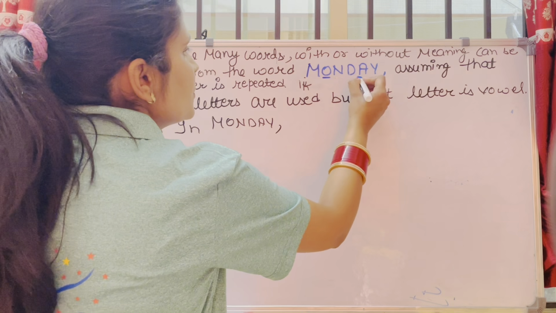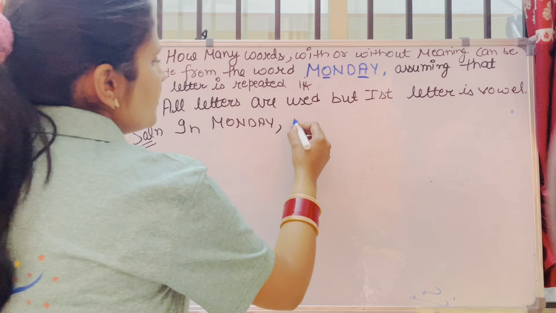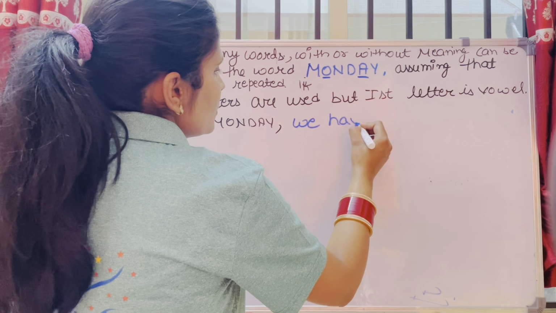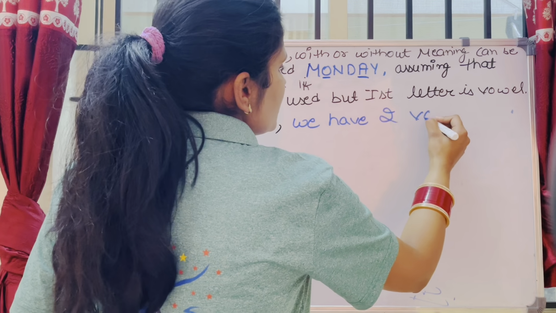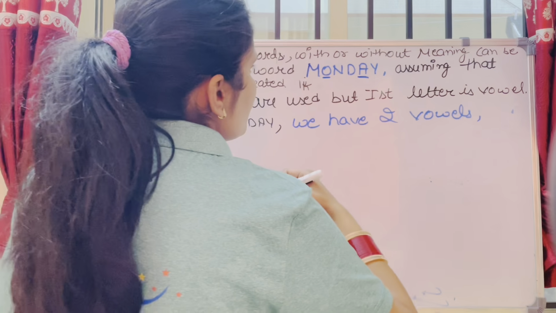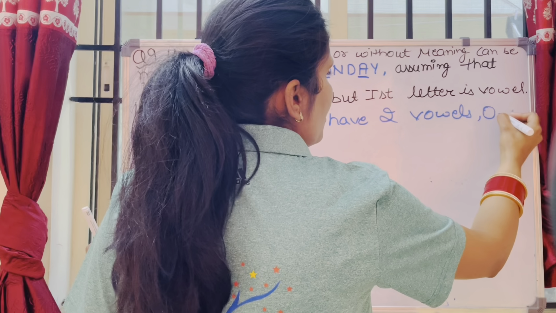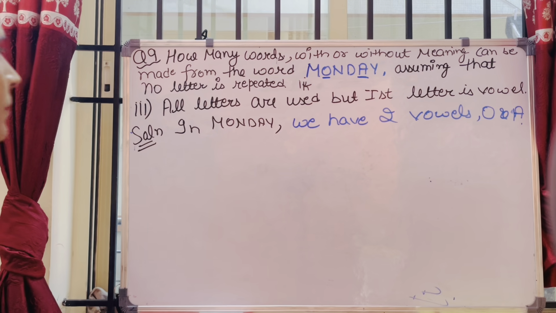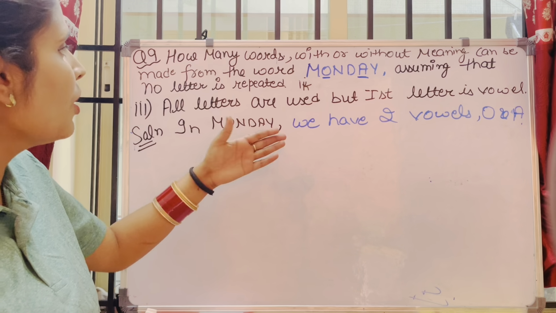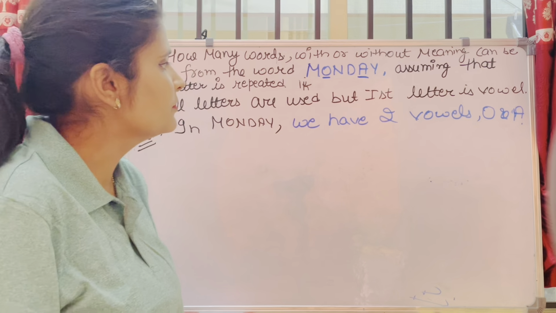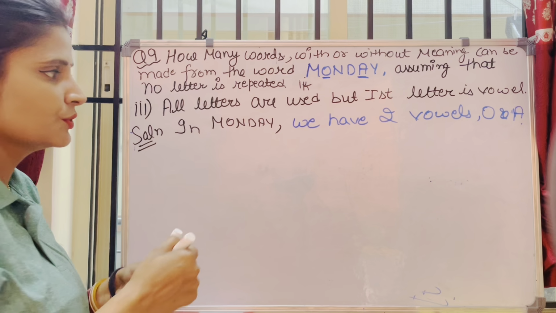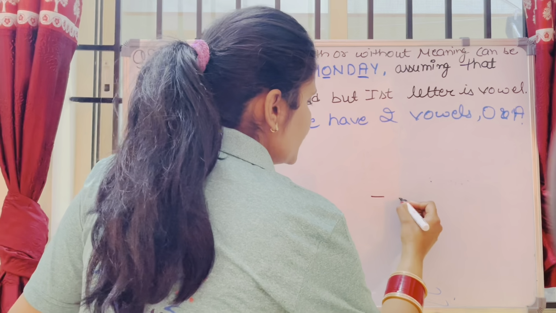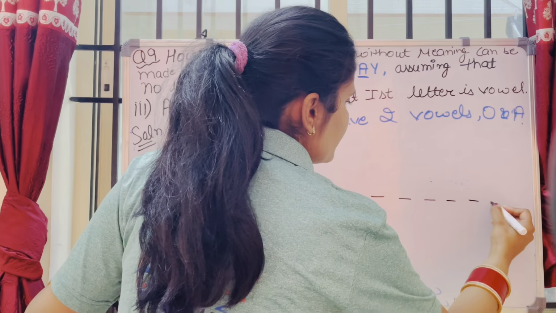We have 2 vowels, those are O and A. So we will form a 6 letter word, all letters are used: 1, 2, 3, 4, 5, 6.